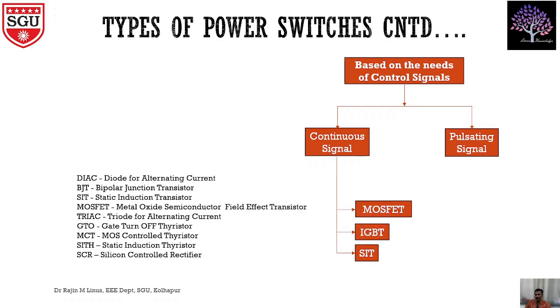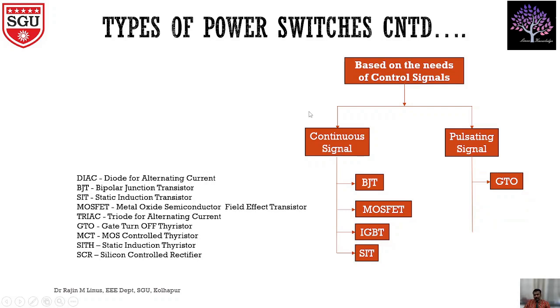SIT, IGBT, MOSFET, BJT all require continuous signals. Then pulsating signal, GTO, MCT and SCR all require pulsating signal. We know continuous signal is not required all the time. Once a pulse is sufficient to trigger the switches.